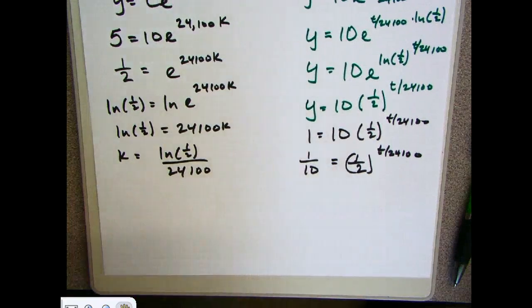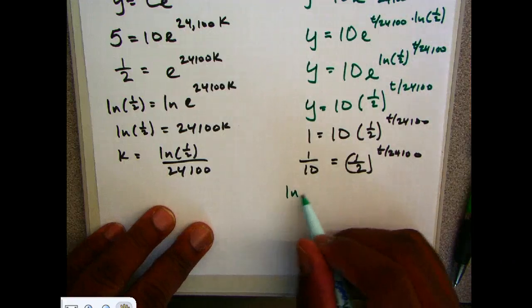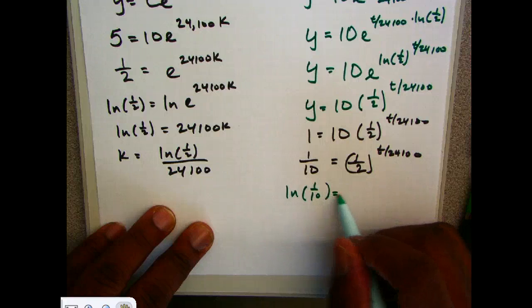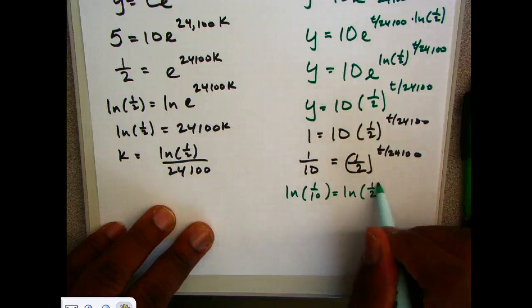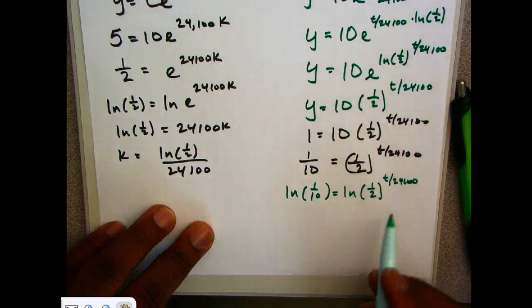Okay, let's take the natural log of both sides. So we're going to get natural log of 1 over 10 is equal to natural log of 1/2 to the t over 24,100.